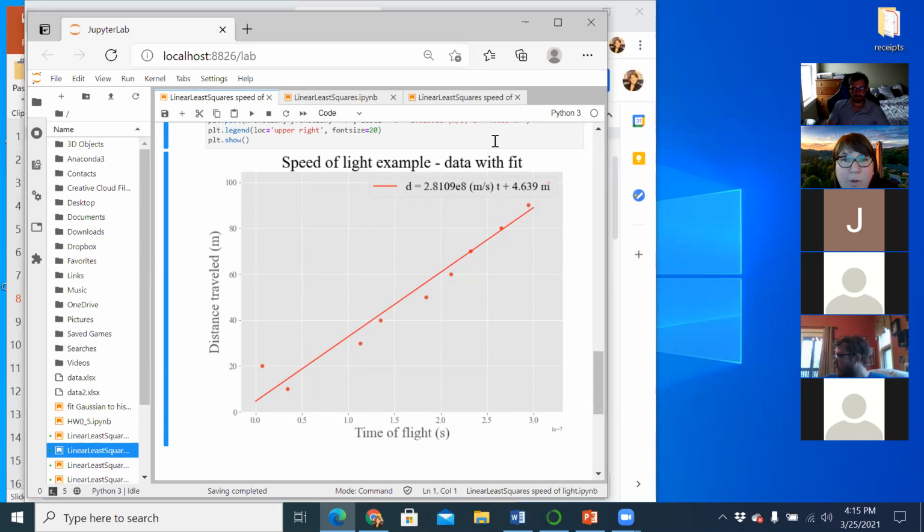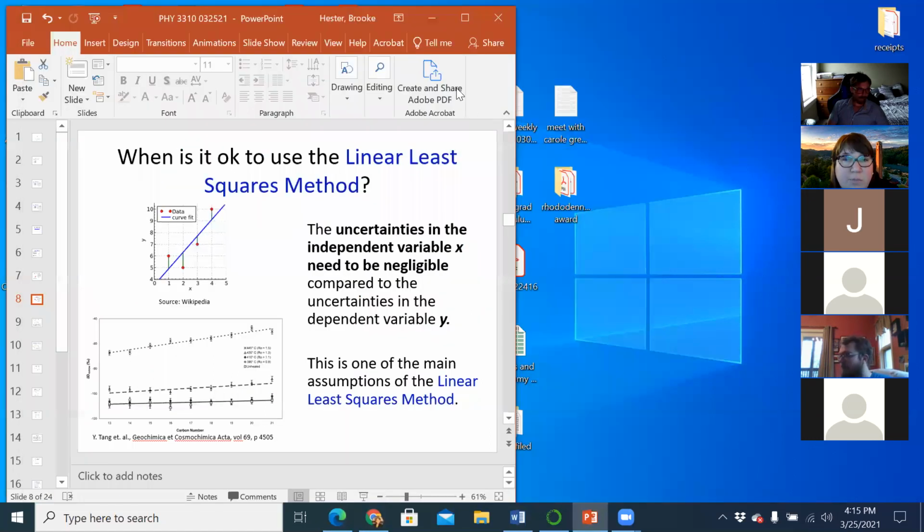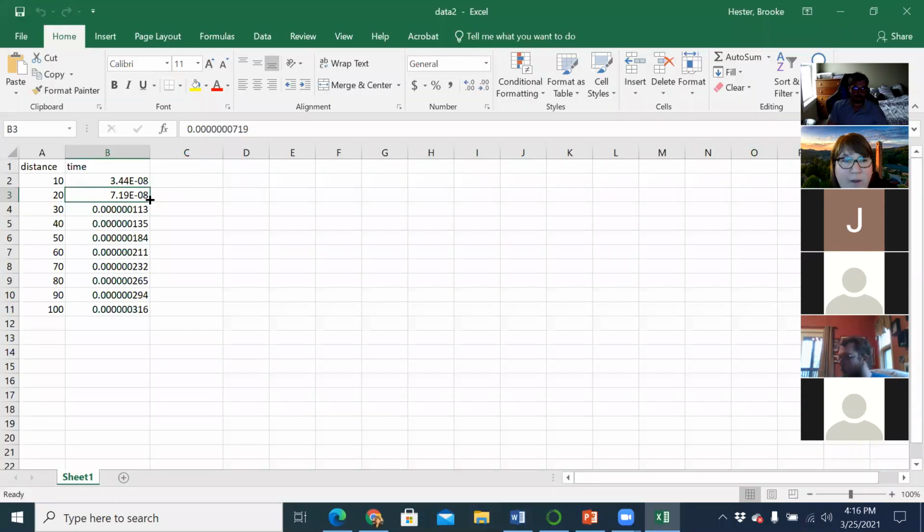Okay, so I went back and made a new data set. The new data set was just like the old one, except I changed in my Excel file the value that was 7.19 e to the minus 9 before to minus 8 now.